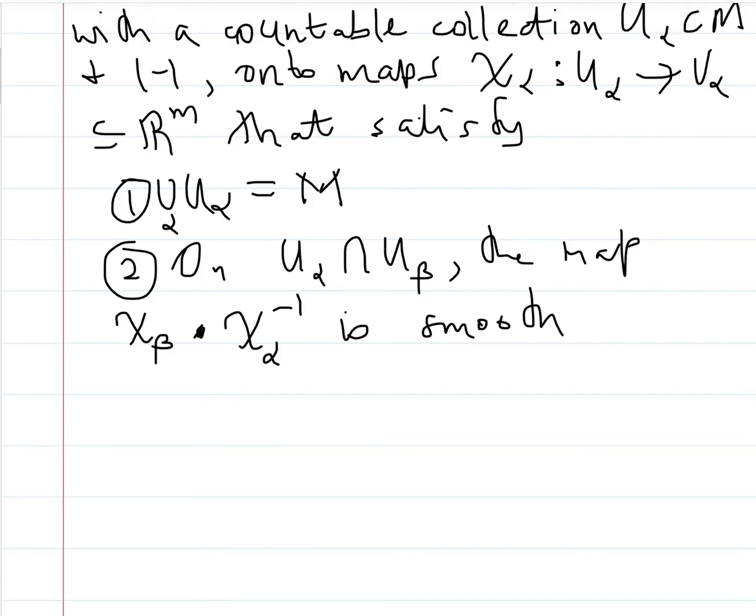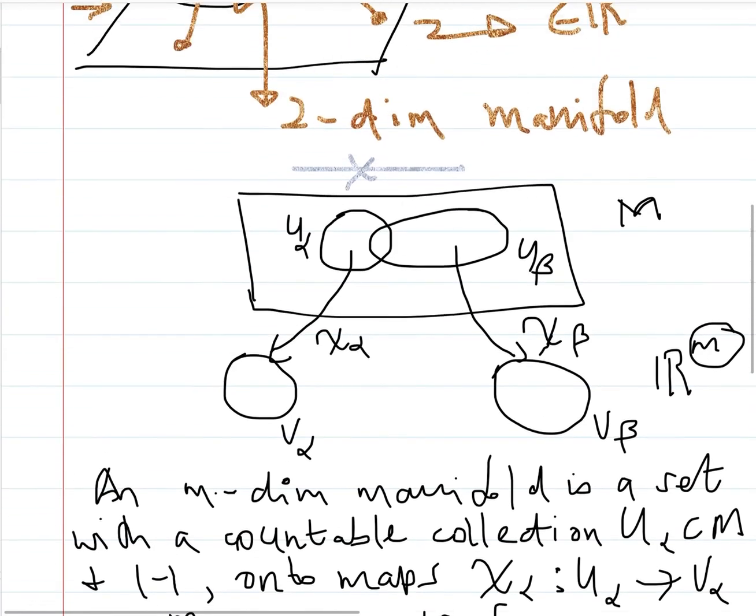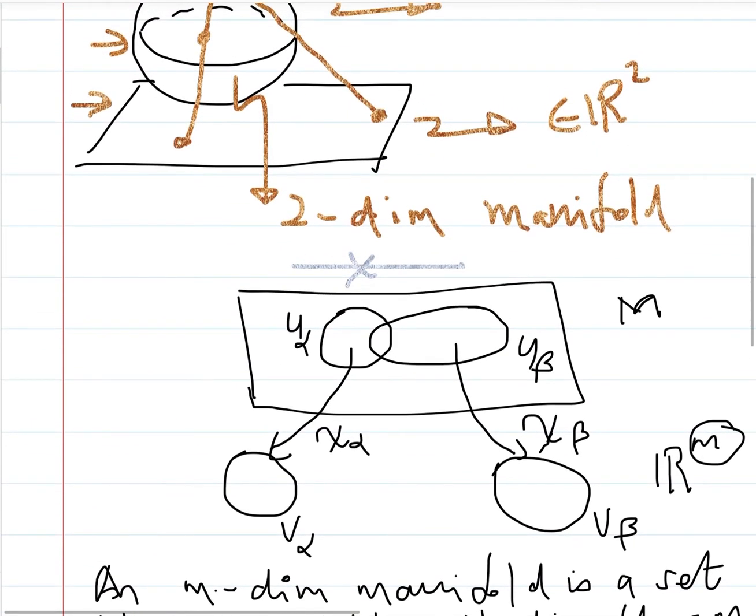So let me just describe what's happening as far as these maps are concerned. If you look at chi alpha inverse, we're concentrating, of course, only on the intersection, so let me indicate what's happening here. This little section would be mapped by chi alpha there, and it would be mapped by chi beta there.